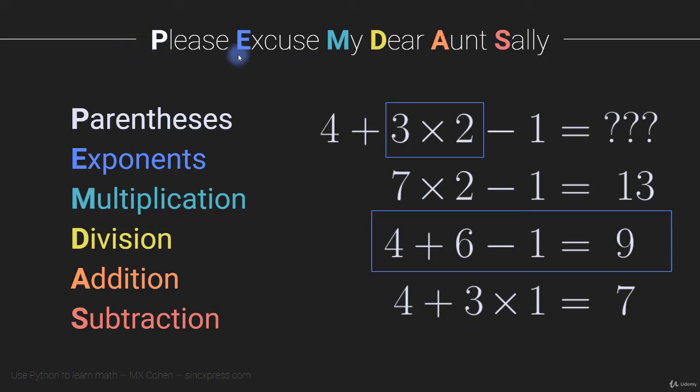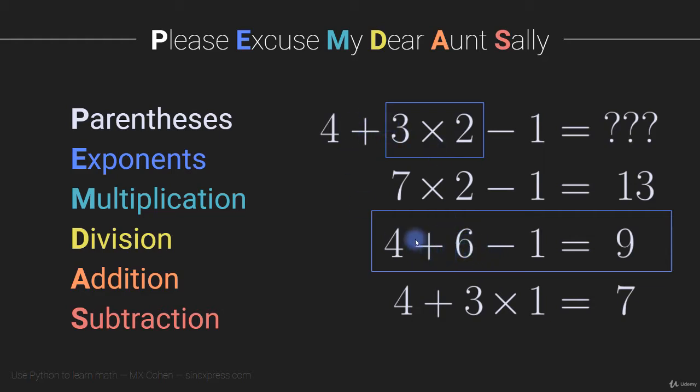So parentheses, exponents, multiplication, division, addition, and subtraction. Okay, so the order of operations, PEMDAS, please excuse my dear Aunt Sally, tells us that we should group together these terms, because it's multiplication over addition and subtraction. That's why this is the right grouping here.